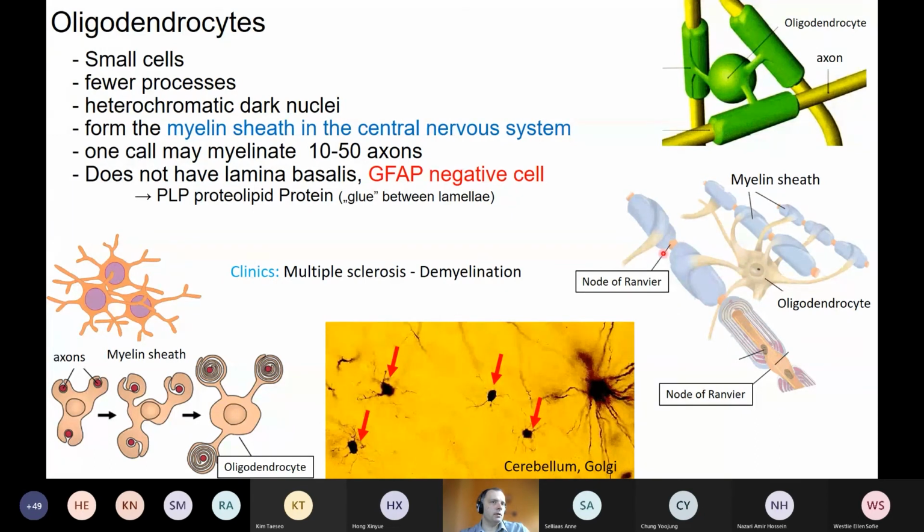Also, this myelin sheath somehow wakes up the interest of the immune system, and we don't know why, but in many cases, unfortunately, an autoimmune disease is initiated in which the myelin sheath is damaged, and this is what we call multiple sclerosis, which is a demyelination disease.